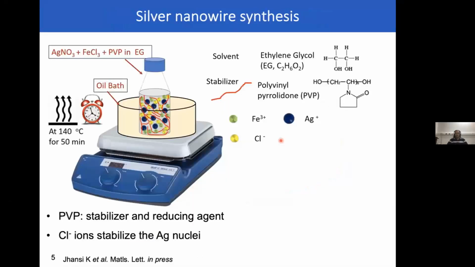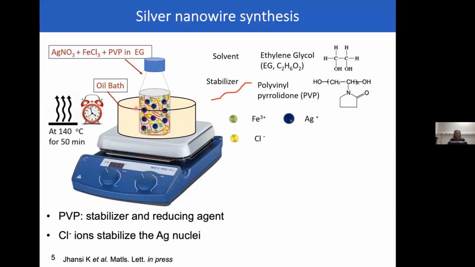So how do we actually make nanowires? Again, there are a wide variety of techniques, both physical and chemical. But the most commonly used technique is the chemical synthesis technique, called the polyol process. You start with silver nitrate, essentially a silver salt, which is reduced in the presence of PVP, polyvinyl pyrrolidone, and iron fluoride.